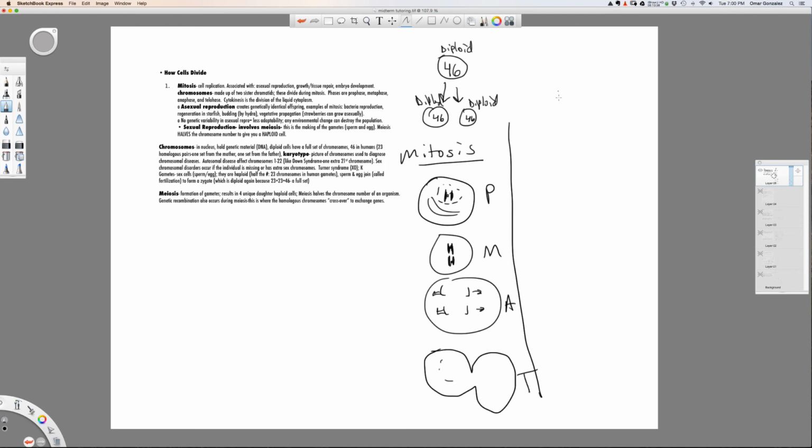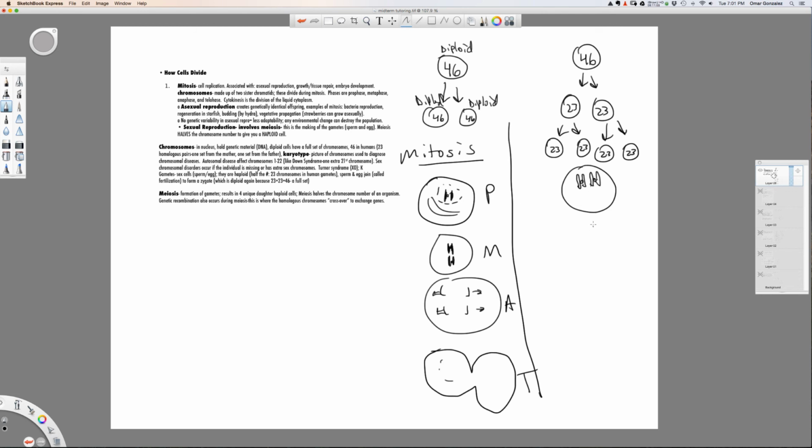Next, in meiosis, you basically have 46 that go to 23 and 23, and then those go to 23 and 23. I know that looks weird. It should go half to half to half, but I'll explain. Here's how it works out. The first one has, instead of just 1 chromosome, the mom and dad pair.